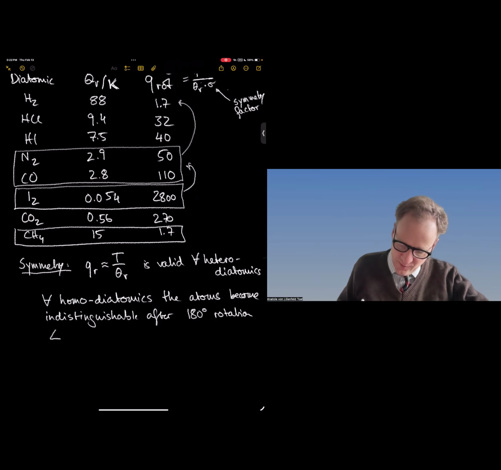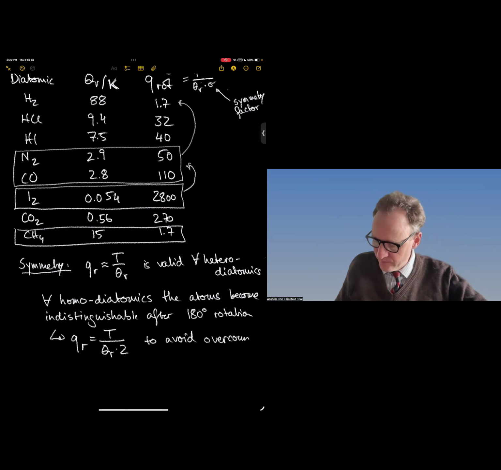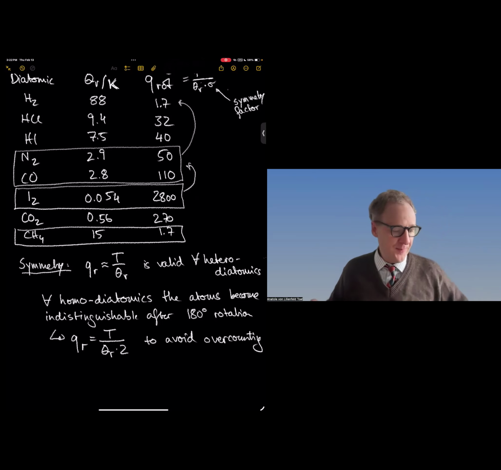And so we need to scale the whole thing down by a factor of 2 in order to avoid overcounting the number of states.